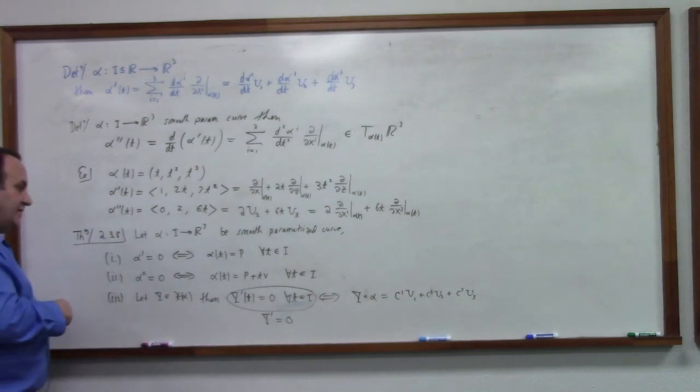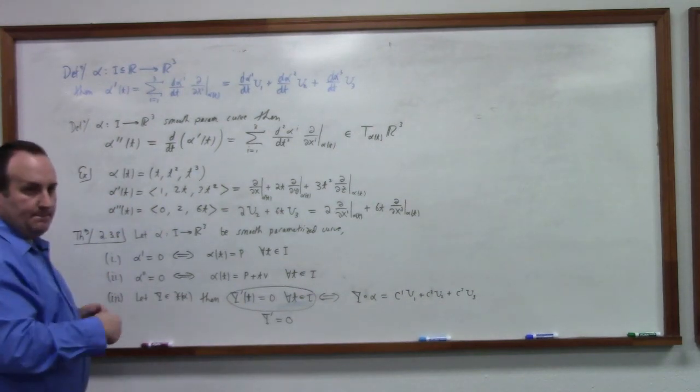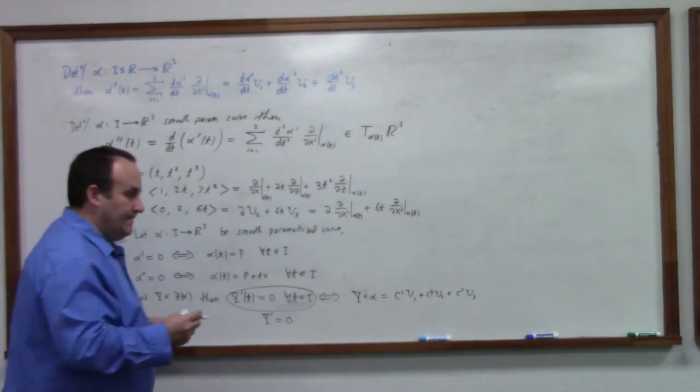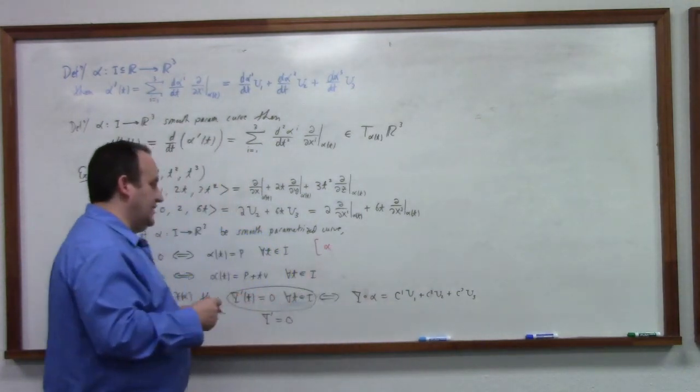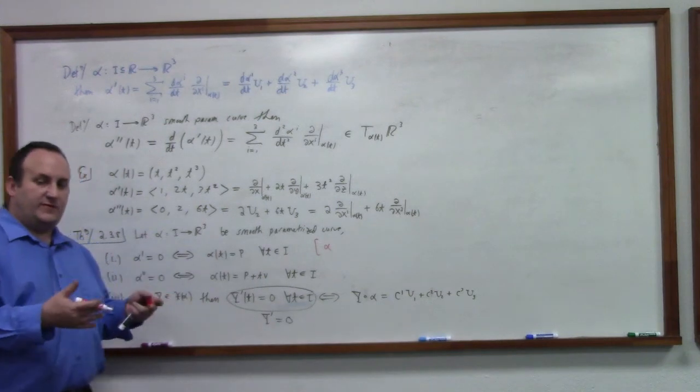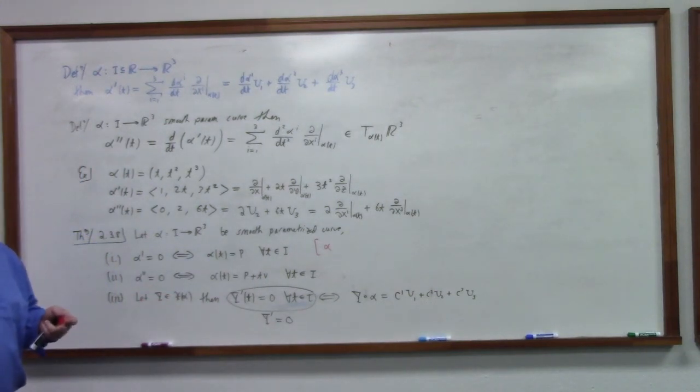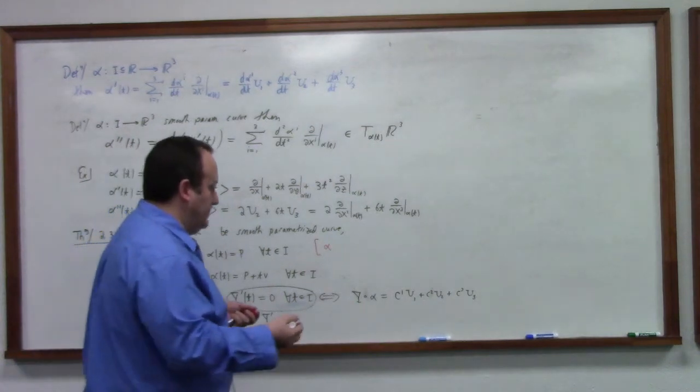What does that say about alpha? Alpha's constant. It's always going to the point P. So that's that stupid curve beta we saw earlier today. It's not really a curve. It's a point.